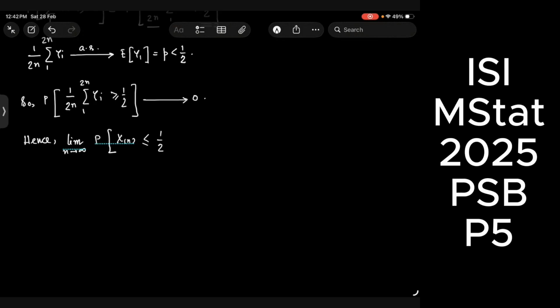The expression is x order n less than or equal to 1 by lambda log 2 base e minus epsilon equal to 0. Okay, so it will be 0. Proved.